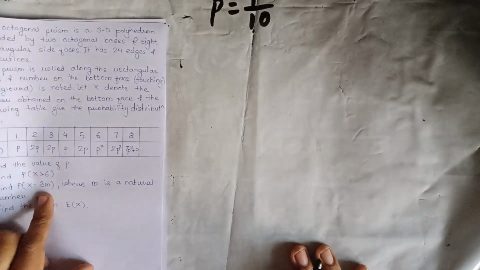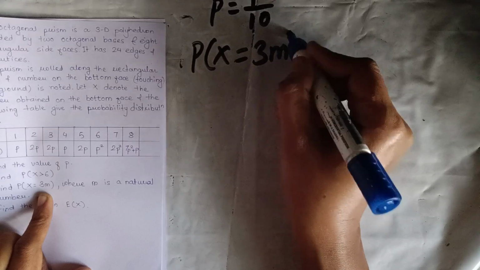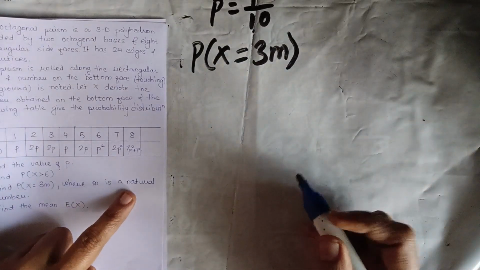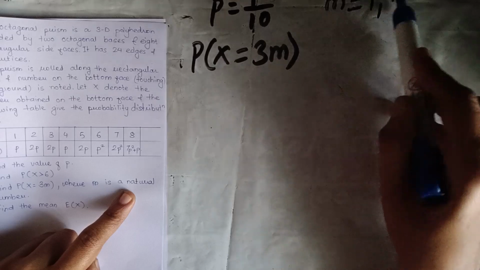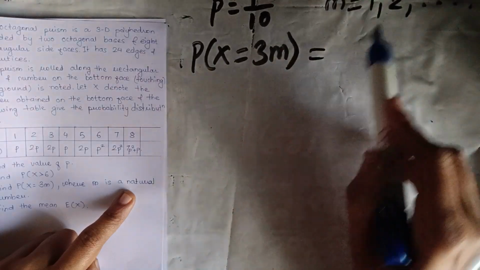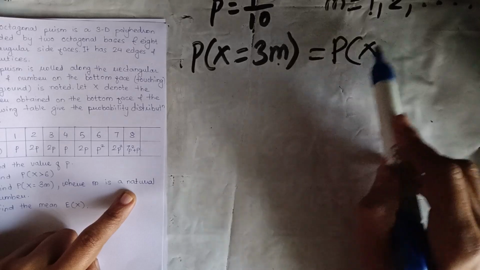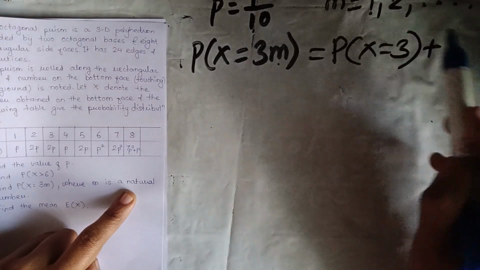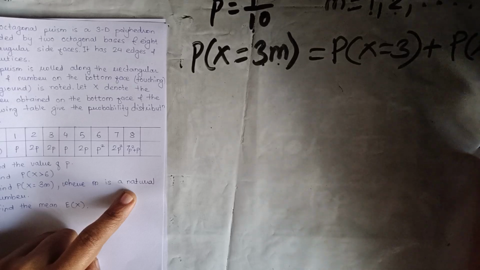Next is X equal to 3m, where m is a natural number. So for m we can put values 1, 2, 3 and so on. When m is equal to 1, this will be X equal to 3. When m is equal to 2, this will be 6, right?